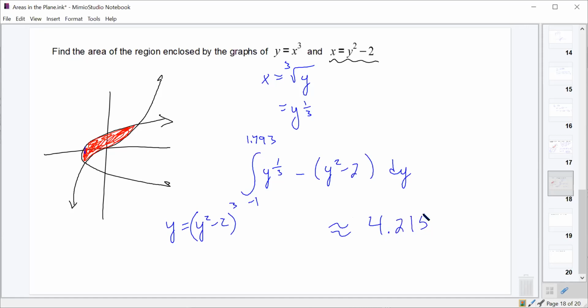Anybody else agree with that? Yeah, I got that as well. All right, cool. Easy enough. Any questions there? That's the idea of integrating in terms of y, and that should allow you to finish up the rest of what's on your homework assignment, because there might be a couple in there that need to be done in terms of y.